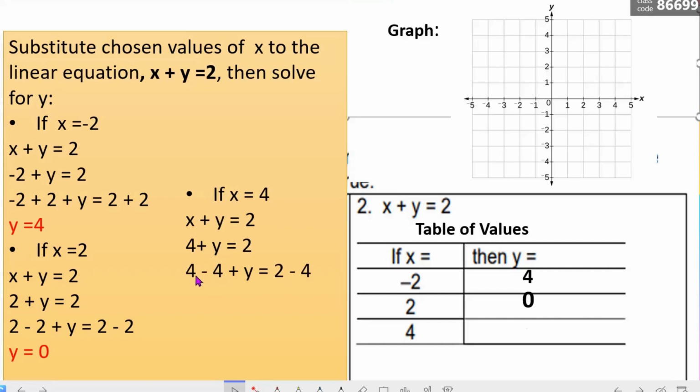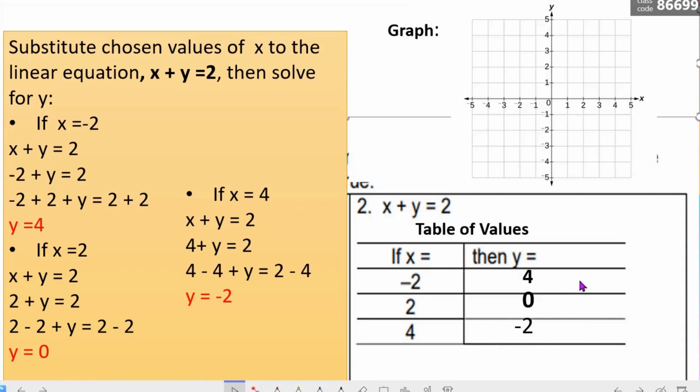Okay, so 4 minus 4 plus y equals 2. Don't forget to subtract 4 as well on the other side of the equation. So 4 minus 4 is now 0. We have the value of y equals 2 minus 4 is -2. So to complete this table, when x is 4, y is -2.